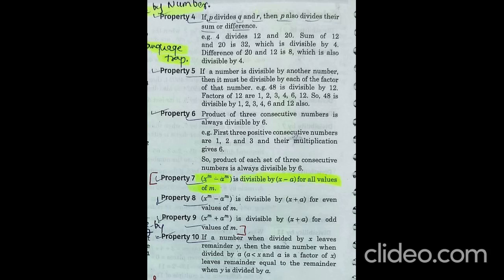Next point, x to the power m plus a to the power m is divisible by x plus a for odd values of m. Now the properties are over. We will move toward the next point.